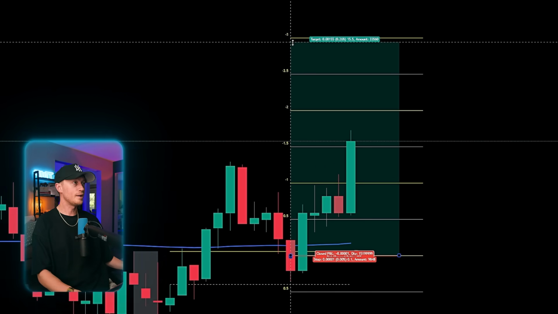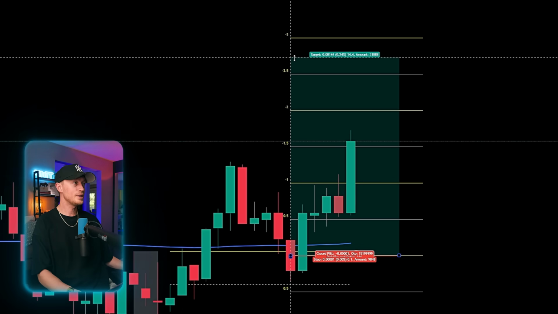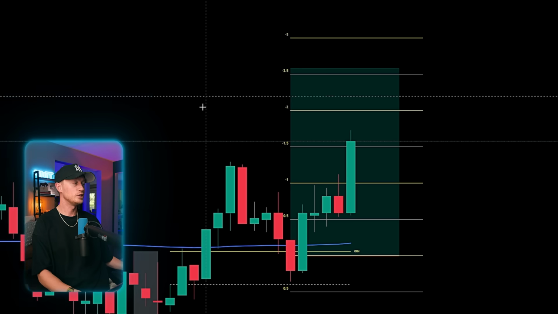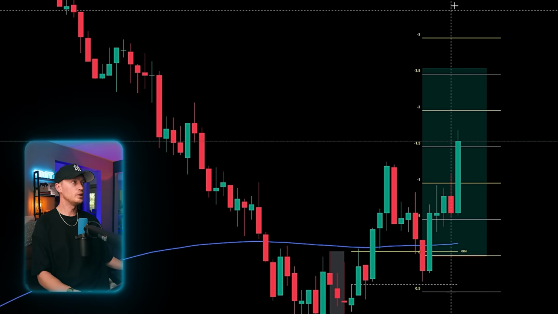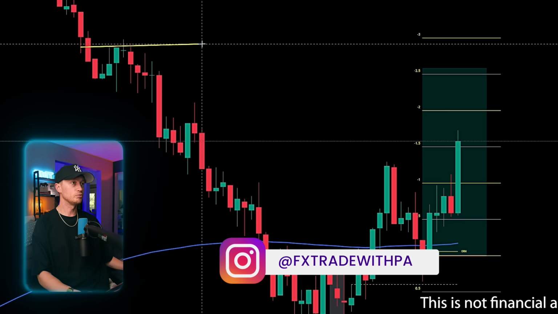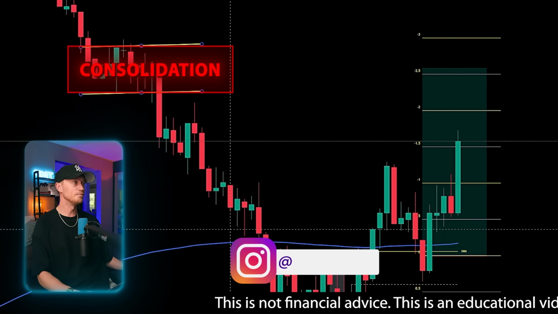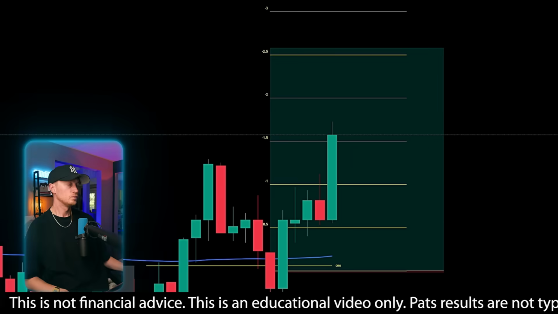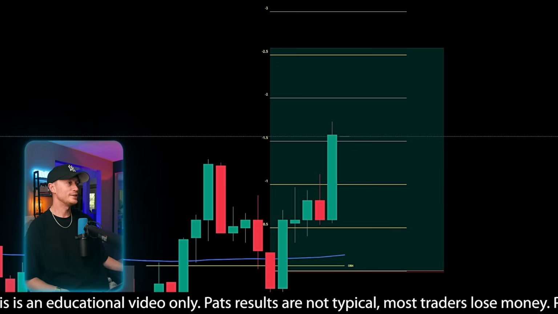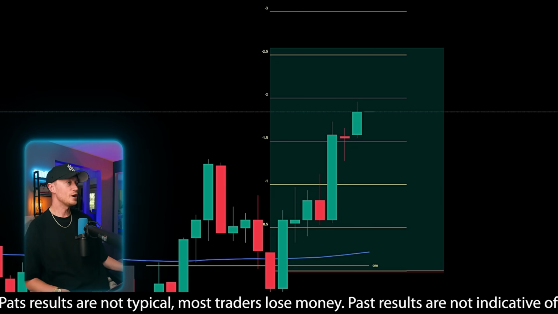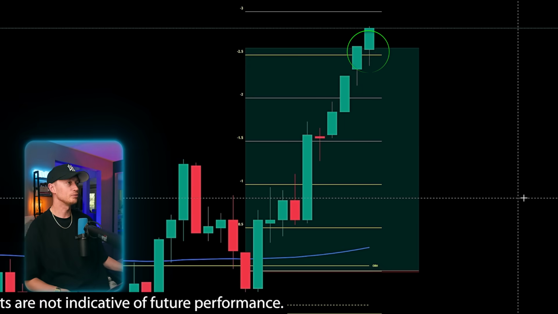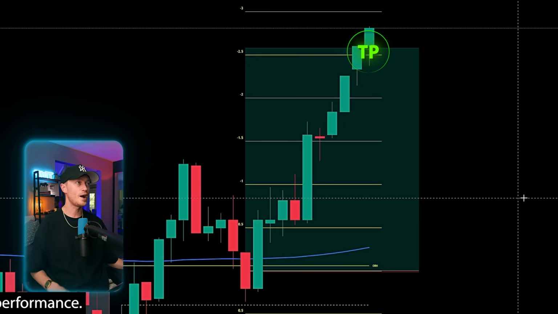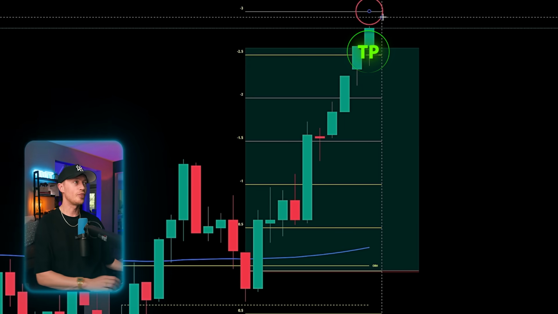On this trade, I remember I targeted something like this here, which was just above 2.5, because you can see there was a little bit of consolidation right here, and I thought that might stop my trade a little bit. So let's get back into that trade, and you can see it plays out, goes in my direction, and smashes my take profit there right above the 2.5 mark, getting very close to that 3.